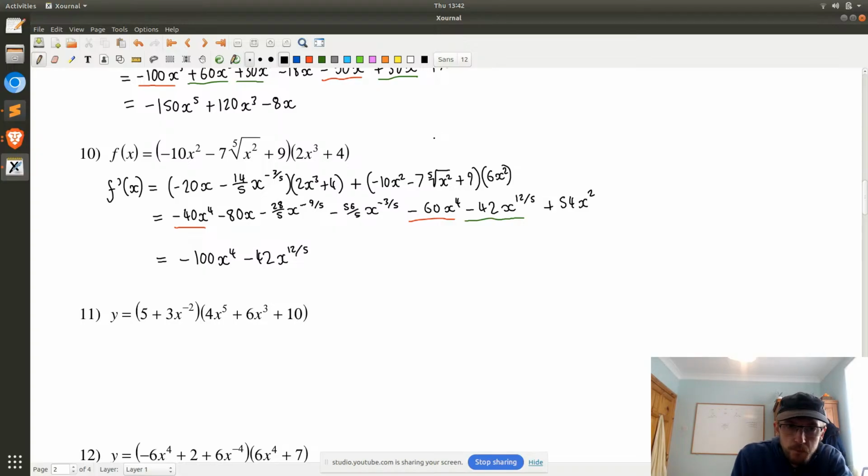And then comes 54x squared and this linear here. And then the last two.